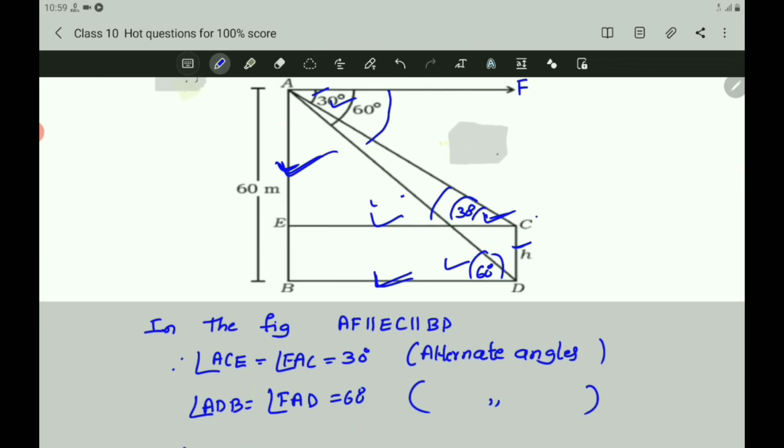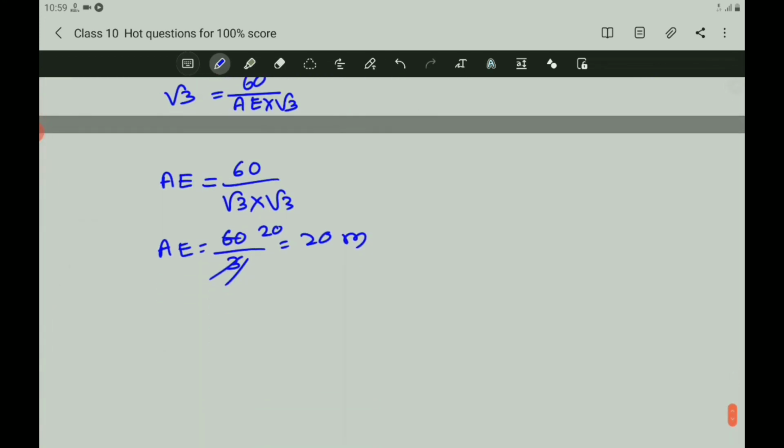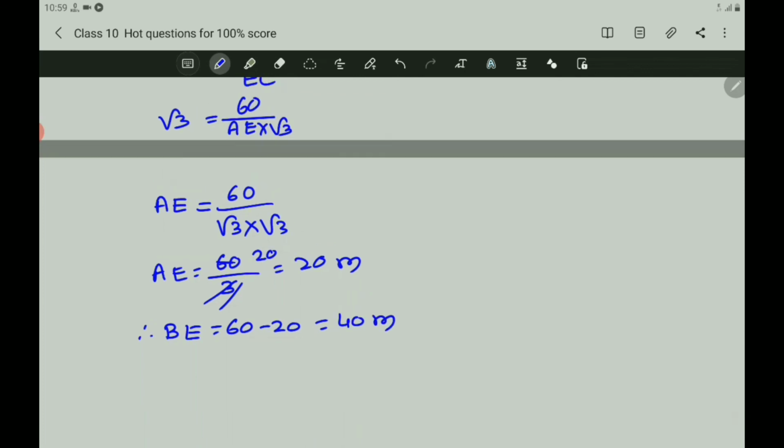Now by using this 20 meter you can get BE, because 60 minus 20 is equals to BE. Therefore BE is equals to 60 minus 20, that is equals to 40 meter.